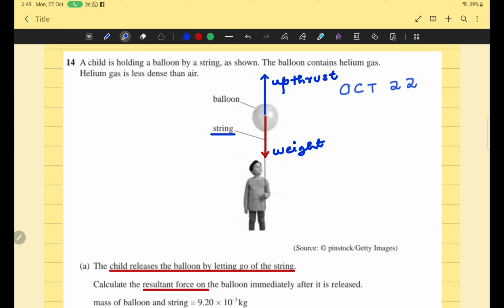This is a string by which the balloon is in control. So which force is acting in the string? Yes, tension force also acting in the string.